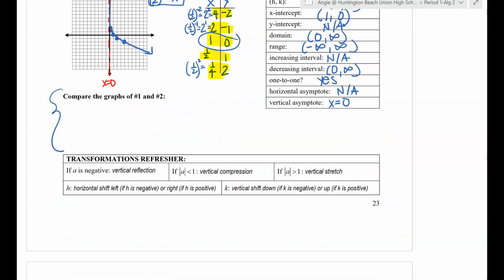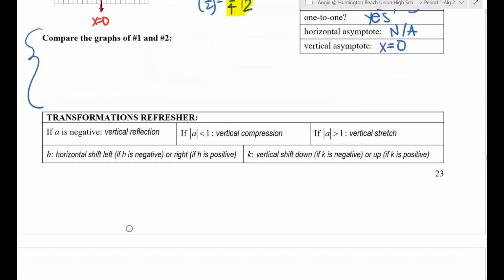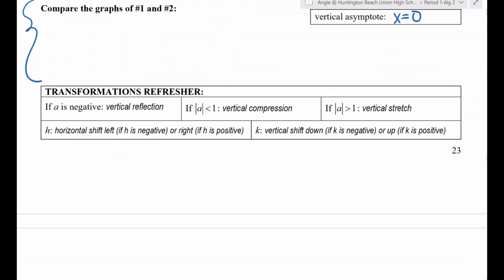Now, the transformations refresher. These are exactly the same as all of the previous functions. If a is negative, it's a vertical reflection. If a is between 0 and 1, it's a vertical compression by a factor of whatever that is. If it's 1/4, then it's a factor of 1/4. If it's 1/8, then it's a factor of 1/8.